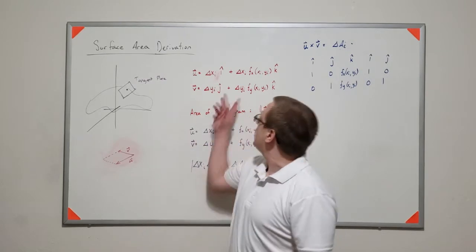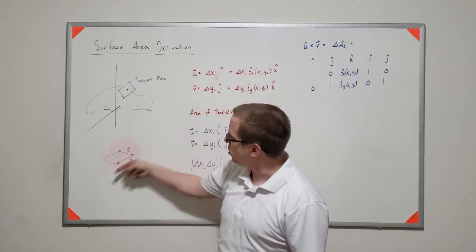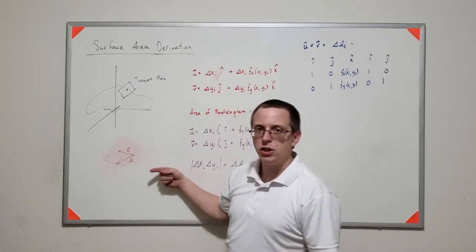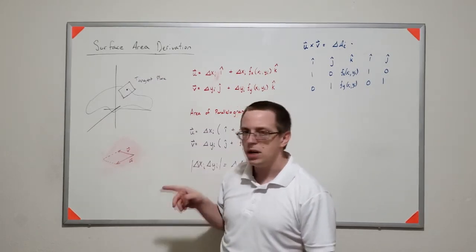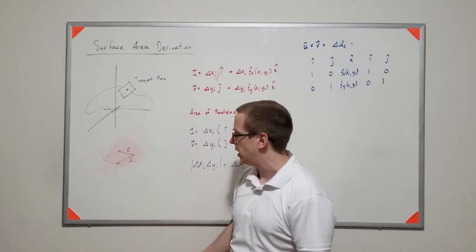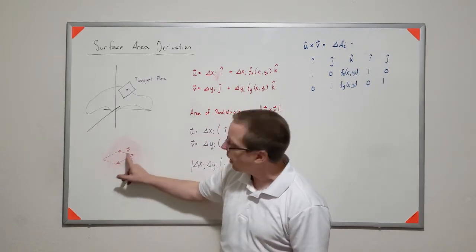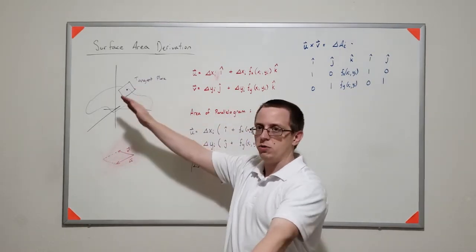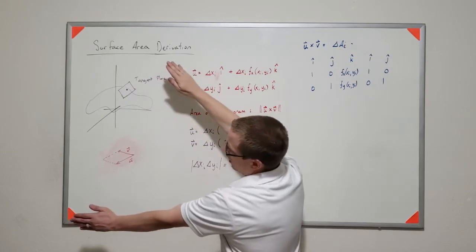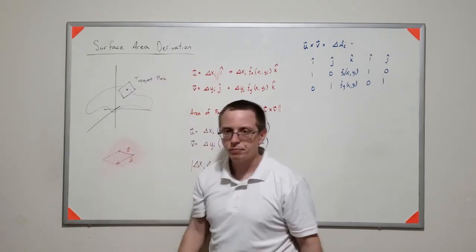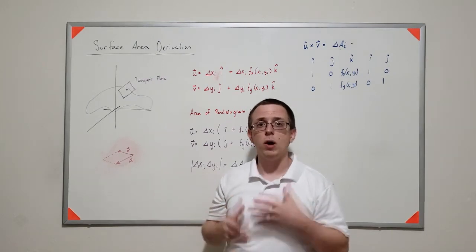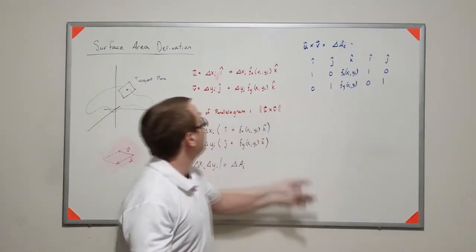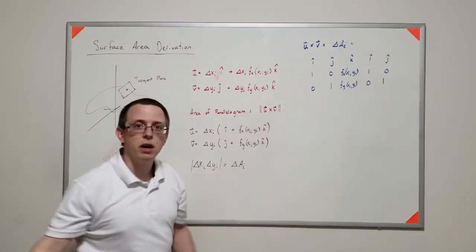So why are we describing that? Well, if we describe each of these as vectors, where u is the vector that's the change in x with the change in z, and v is the change in y with the change in z, then you can construct a parallelogram, because each of those vectors are like the sides of a parallelogram. So since I have sides of a parallelogram, we actually have a formula for the area of that parallelogram.